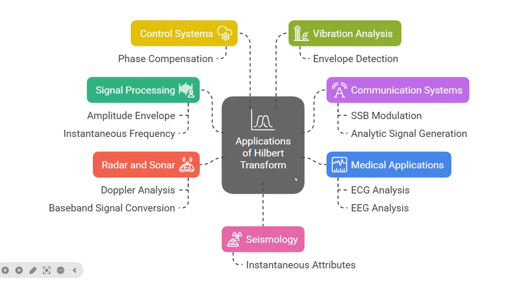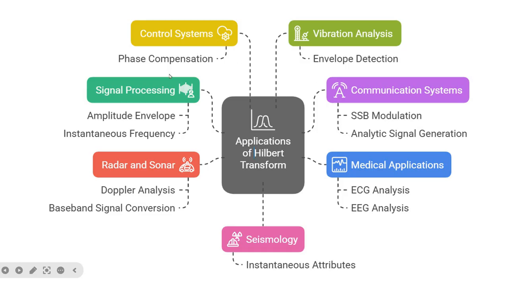These are some of the applications of the Hilbert transform. Here you have signal processing, where it will extract the amplitude envelope and the instantaneous frequency. Then you have communication systems, which enables SSB, single sideband modulation, and analytic signal generation.